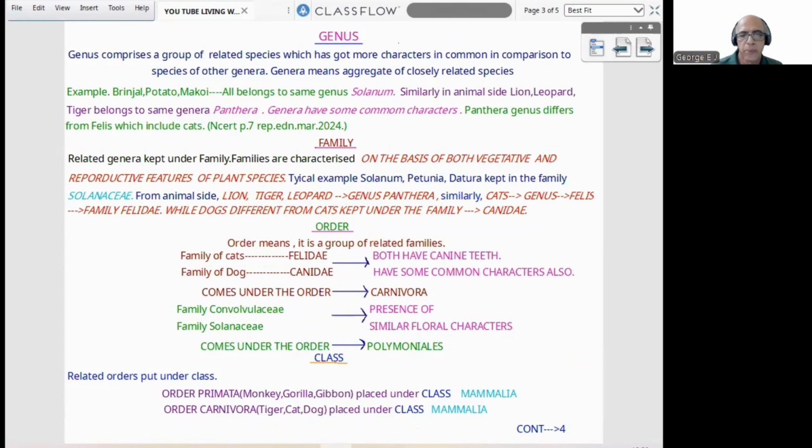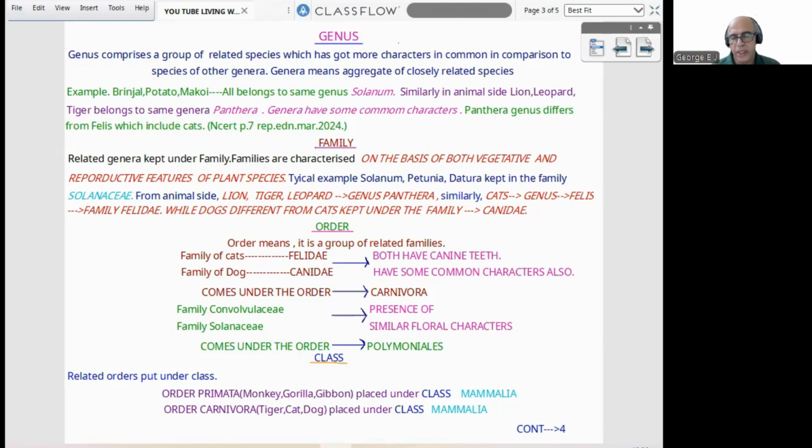Now each category will be proceeding. Next is genus. A genus is a group of related species which has more characters in common in comparison to species of other genera. Genera means an aggregate of closely related species. A typical example: brinjal, potato, and makoi all belong to the same genus Solanum, but the species are different.